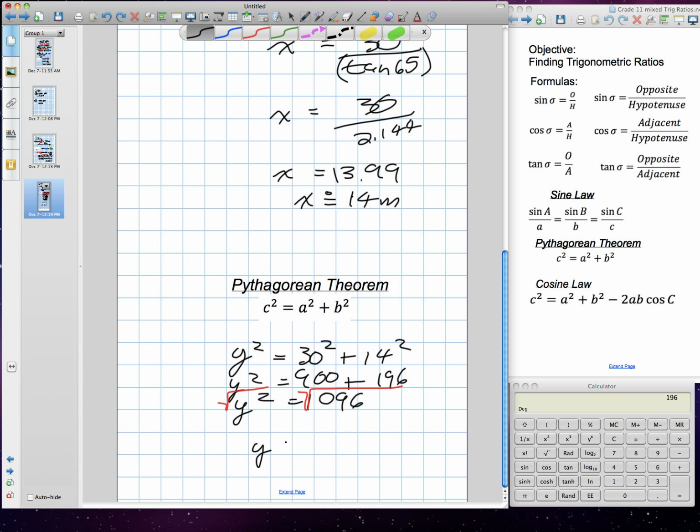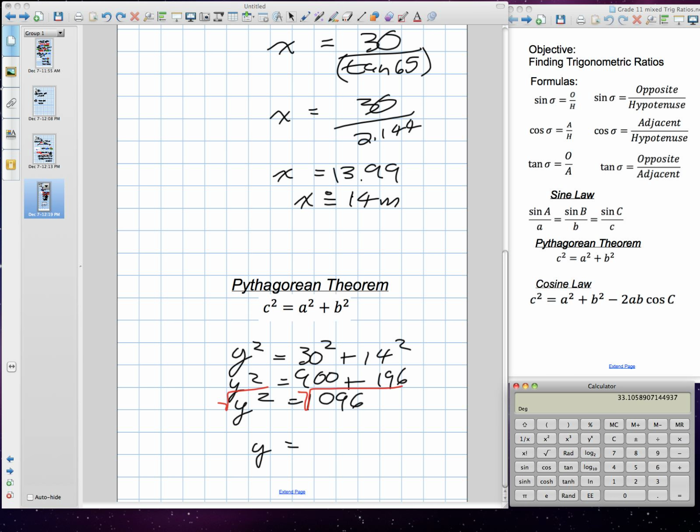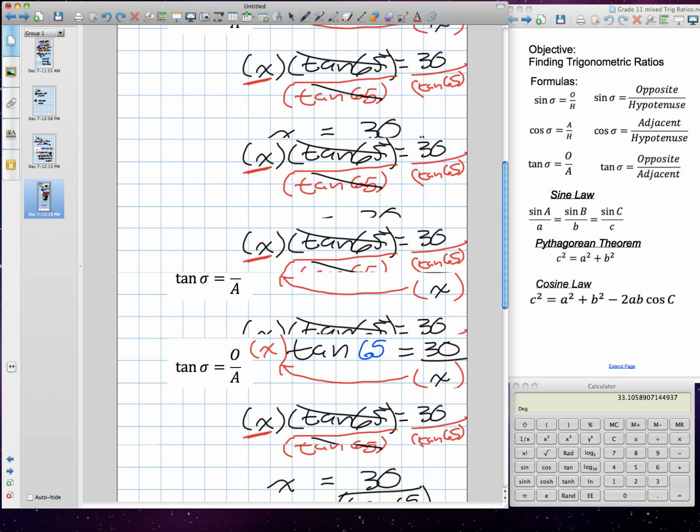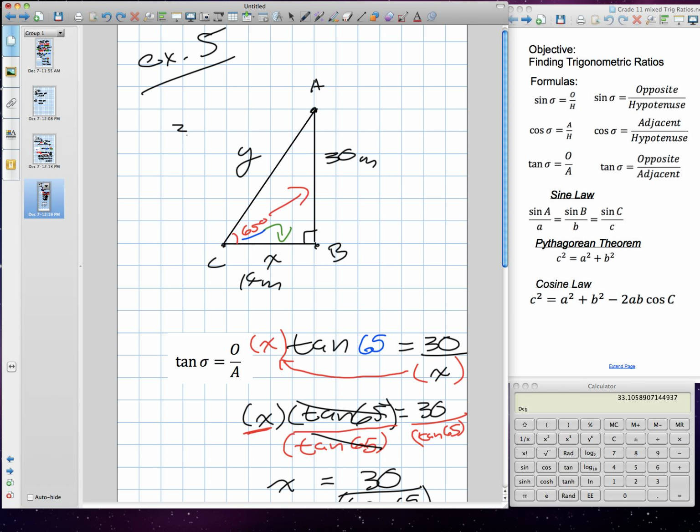Y is equal to the square root of 1096, 33.11 we'll say. Now the reason we round it up to 11 is because if we order too short of a wire, this isn't going to work. So we need to round up so that we have a little bit of room to work with. So the guide wire needs to be 33.11 meters in length.